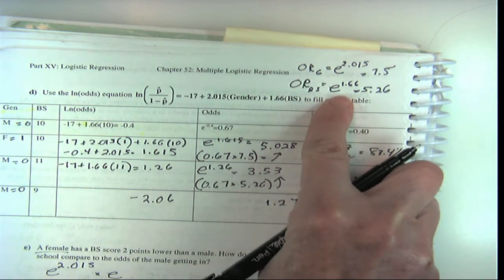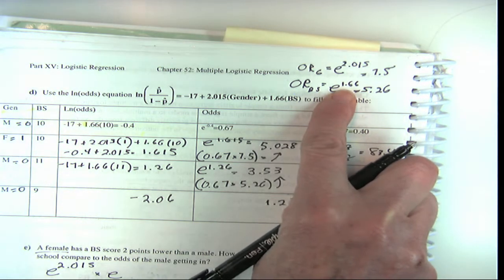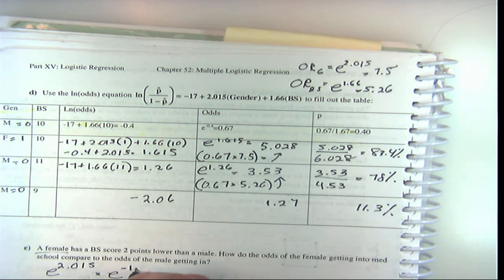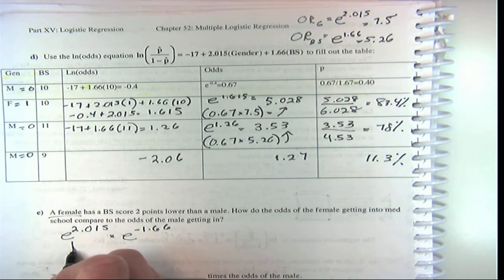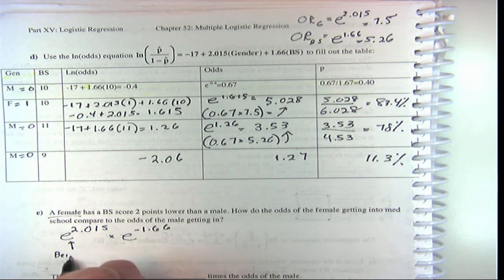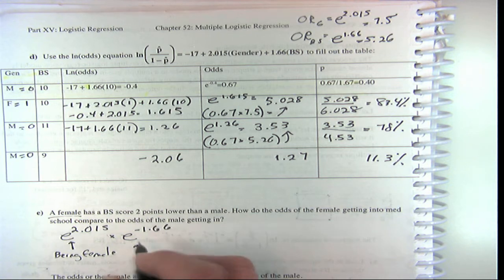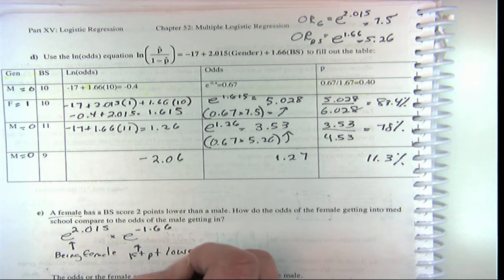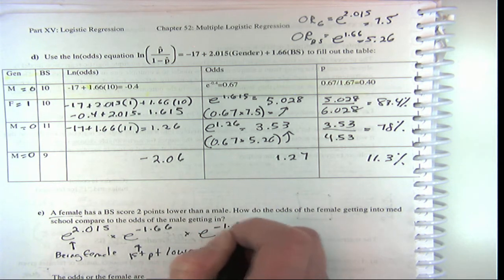If you were higher, e to the 1.66, but if you're lower, e to the negative 1.66. This is for being female, right here. This is for what? The first point lower. And then you're going to have to do it again for the second point lower.